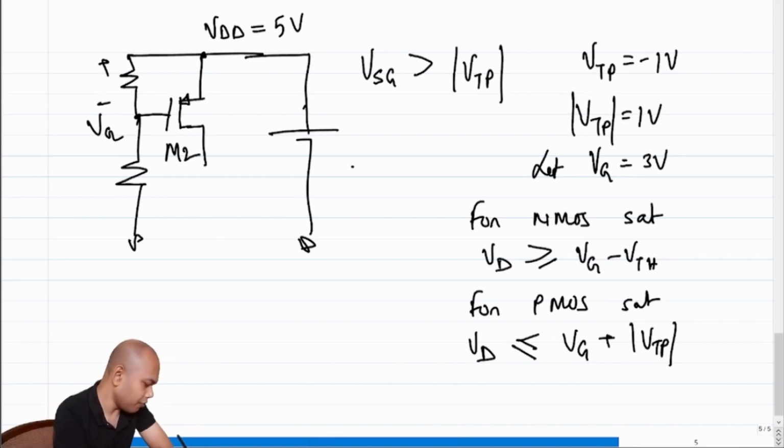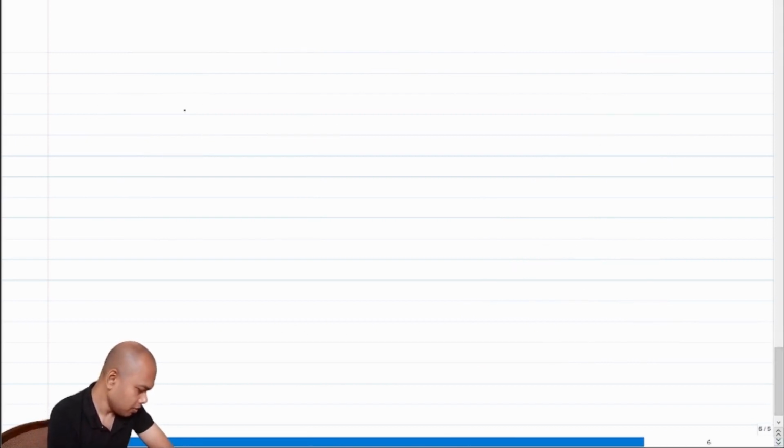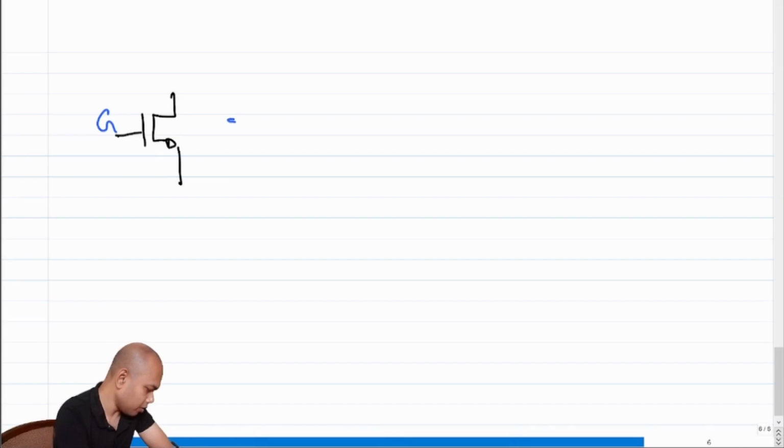So the pictorial form of remembering this is, for an NMOS transistor, let's say this is the gate. Let me color code. This is gate, this is drain, source I am not sketching.